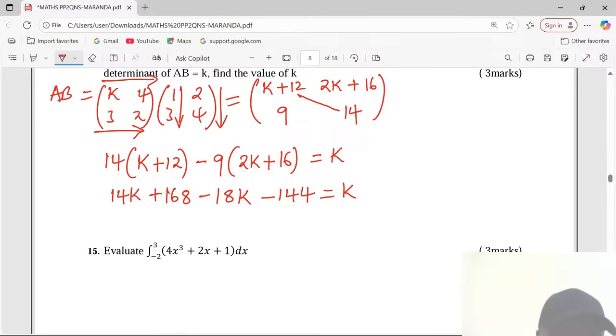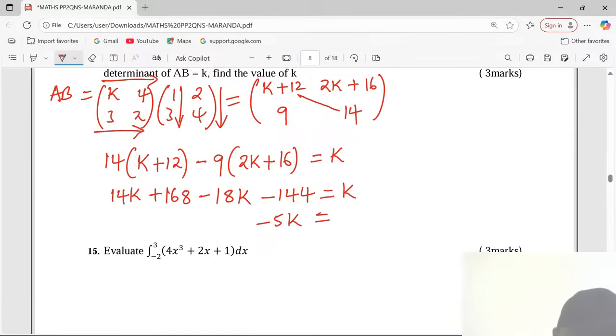So we can group terms now. We have K. So we start with 14 minus 18 minus 1, 1K. This is negative 5 equals to, now we take the other constants to the right.